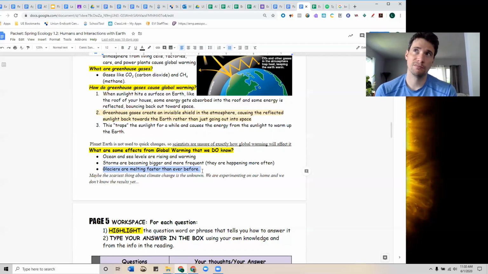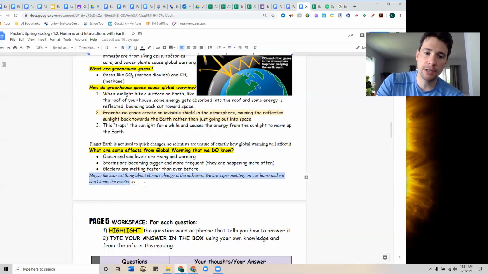Like billions of people live right near the seas and the oceans, and their homes might get taken over by the water. It's really scary. Also, storms are becoming bigger and more frequent, meaning they happen more often. That's what frequent means. They happen more often. So this is potentially really damaging too. We don't want bigger storms on our Earth, right?